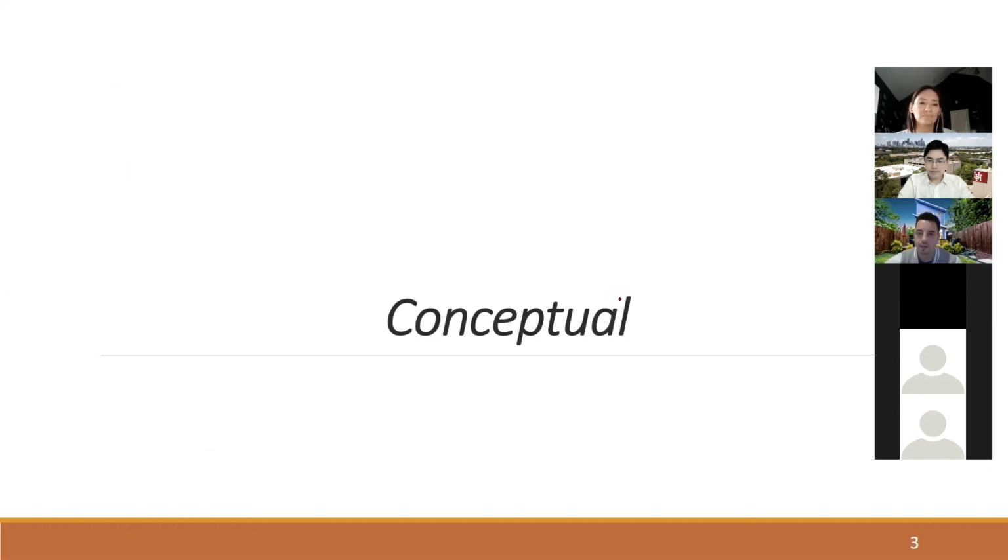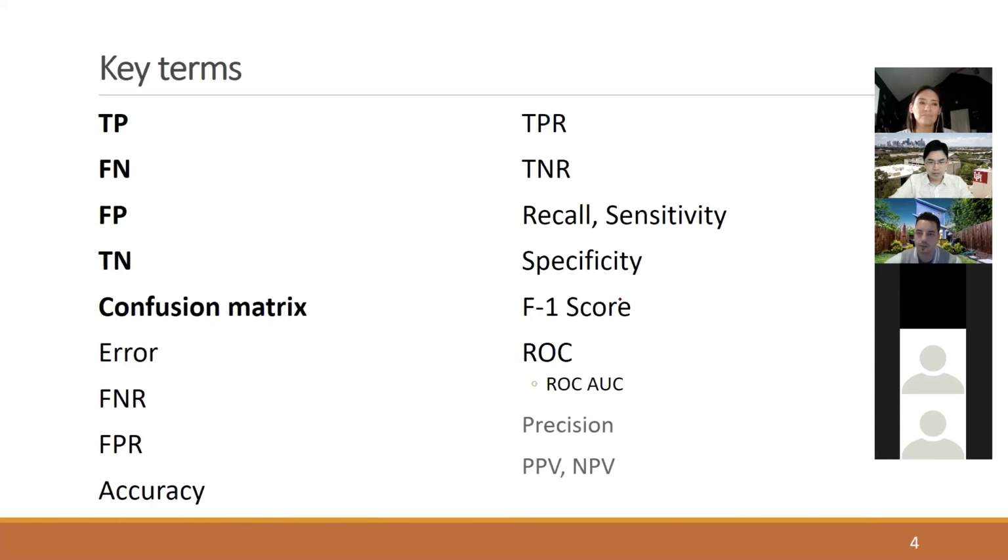Okay. Now, conceptual topics. So here's a list of things. I just wrote some of these. The terms in bold are fundamental terms. Most of the other terms will make use of these elements.